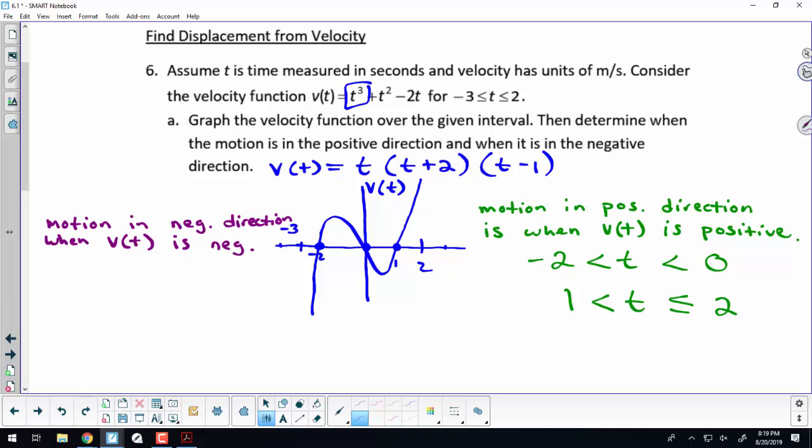So velocity is negative from -3 to -2. Again, we're not including the -2. Do we include the -3? Yeah, velocity is definitely negative there. Okay. And negative from 0 to 1. Since both of those are zeros, we don't include either one of those.